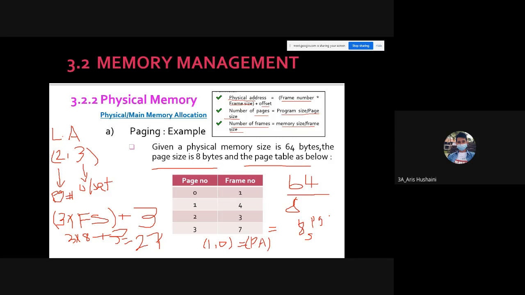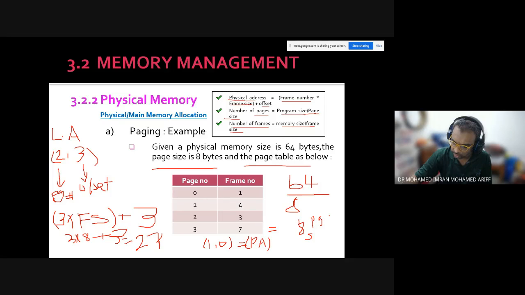Tak tahu silap kot. Saya dapat 32. 32. Okay, next answer. Siapa yang dapat 32? Siapa yang dapat apa tadi? 12.